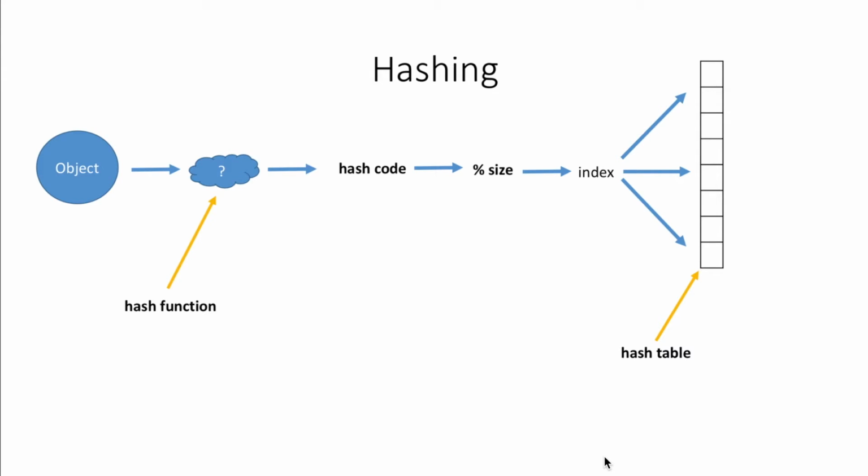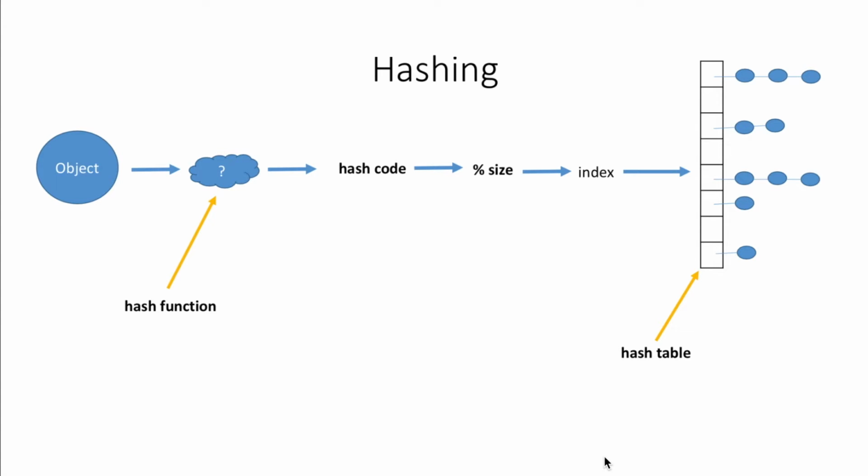One way to accomplish this is by using a linked list for each element in the array or in the hash table, and then the linked list holds the objects. And so in this slide here you can see that some of the cells have multiple objects, but ideally there should be just a single object for each element, or no object if nothing is saved there.